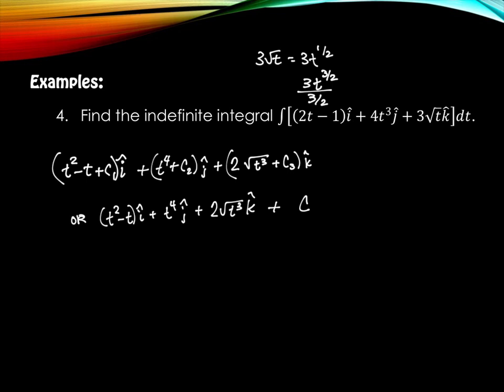I don't really need parentheses at that point. And then we could actually put plus c at the end like this. It's a vector, right? This c, or c1, c2, c3, is another vector, and it's a constant vector. So if you don't want to write it in each component and you just want to put plus the vector c at the end, you can do that. That'd probably be a little simpler.